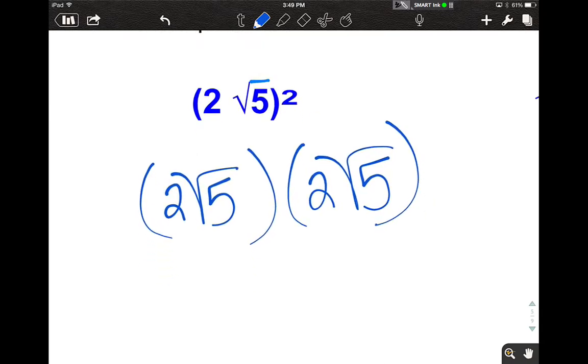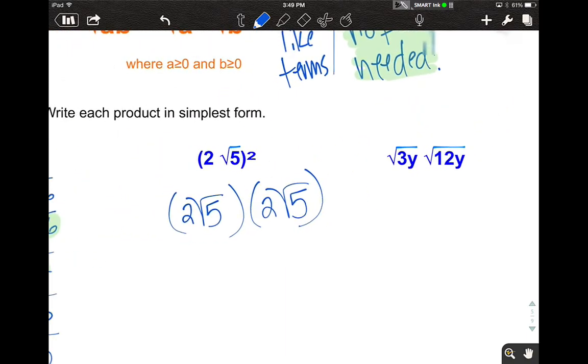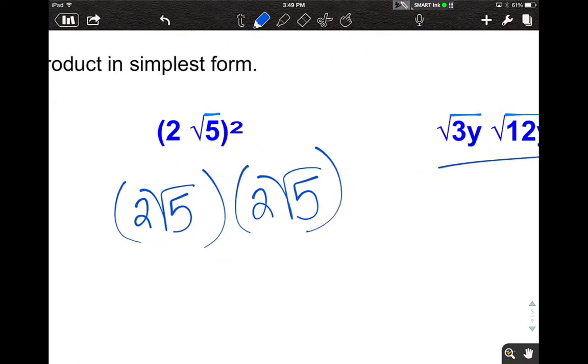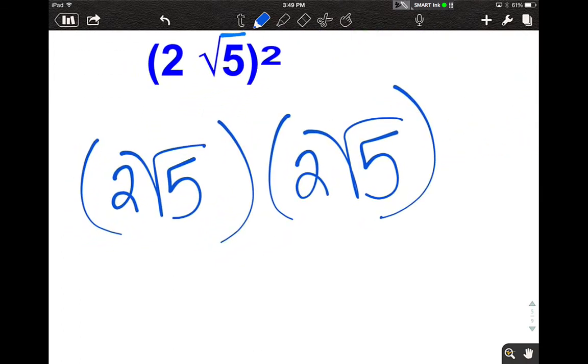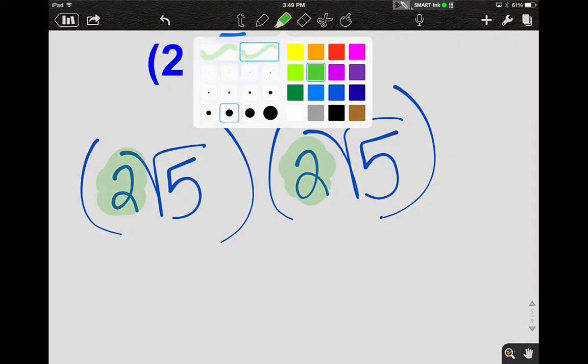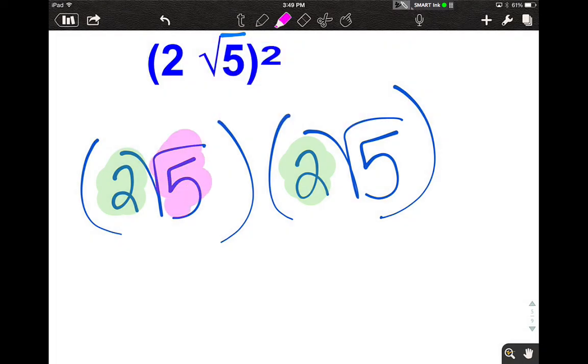Okay, it's kind of like, well, it's not really like FOILing. I shouldn't say that. It is not like FOILing. If there was a plus or minus in between, because we'll get to that in a different lesson, not here yet, but we'll get to that eventually. But basically, you kind of have to multiply this piece times this piece and this piece times this piece. When you do the green part, you're going to have 2 times 2 is 4.